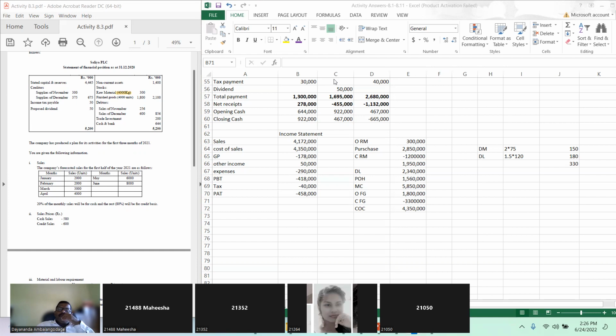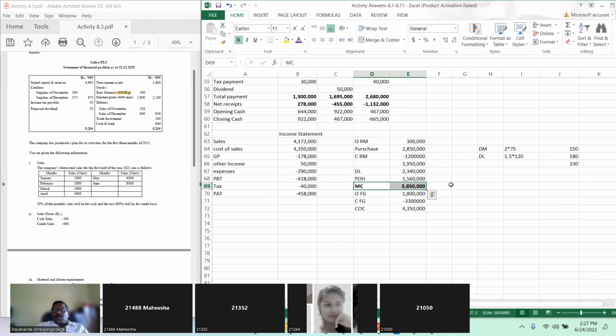What do you mean by that? Production overhead cost per unit. No. Now here we calculate manufacturing cost, of course. This is the manufacturing cost, right?